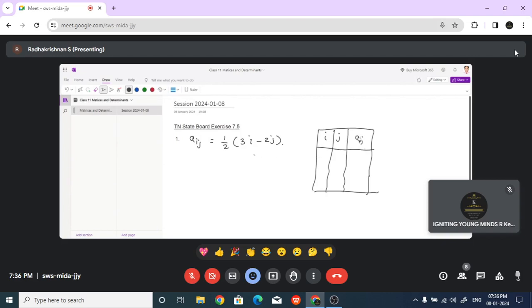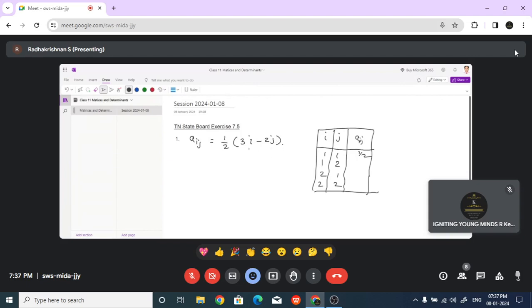It's a 2 by 2 matrix, so i varies from 1 to 2 and j varies from 1 to 2. So (1,1), (1,2), (2,1), (2,2) are the four elements of the matrix. All we have to do is put i equal to 1 and j equal to 1 in the given expression for aij.